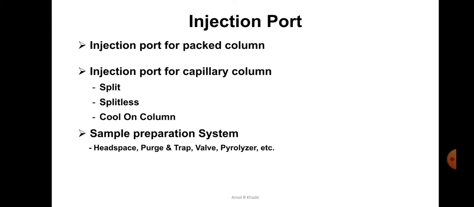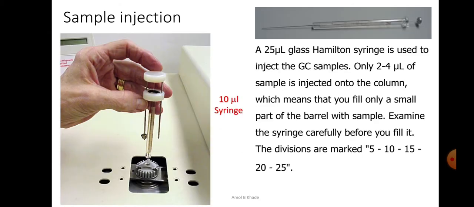Additionally, for preparing the sample, we have different sampling devices like headspace, which is very widely used for volatile solvents, then purge and trap system, and pyrolyzer. These are the commonly used sample preparation systems in the sample injection system.